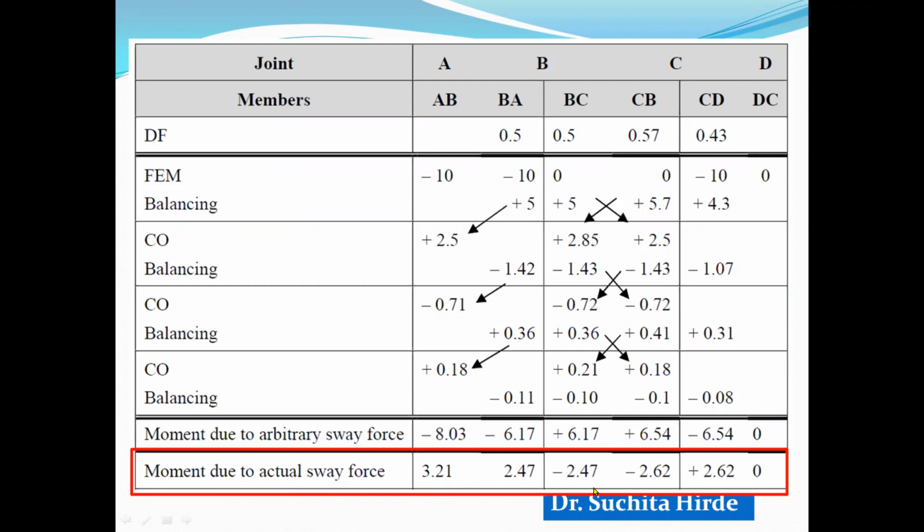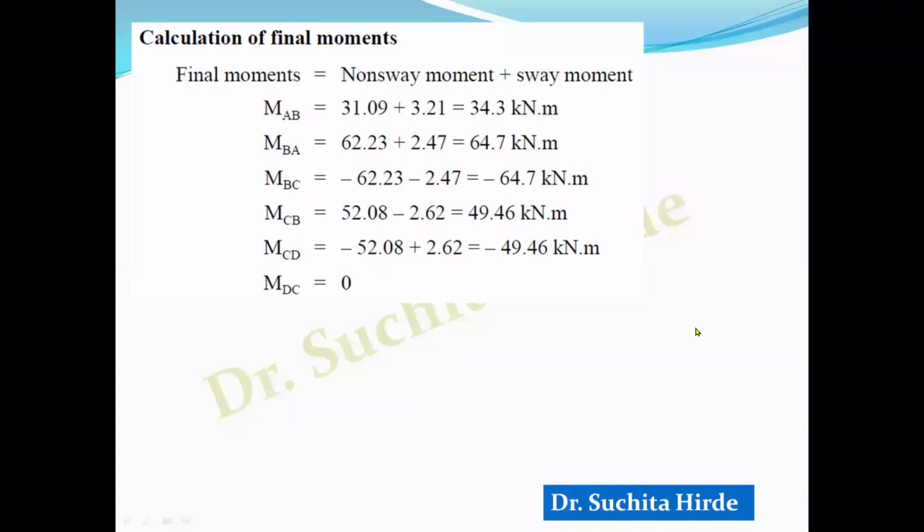Now we will add the stage 1 analysis result and the stage 2 analysis result to get the final moment. So to calculate the final moment, we add the non-sway moment which we calculated in stage 1 analysis and the sway moment which we calculated in stage 2 analysis. So if you take the sum of the moments, you will get the final moments.